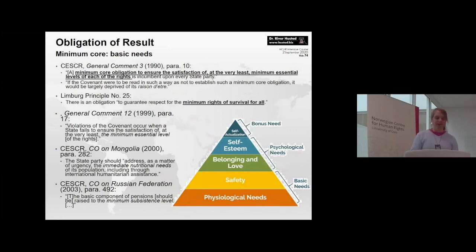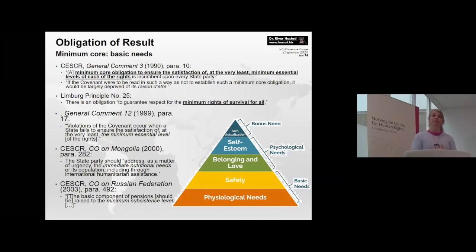Now, having said that, I'll now look at the result. The obligation under the Covenant on Economic, Social, and Cultural Rights is an obligation of conduct, that the states have to have the right conduct. But there is a minimum result, and this is only a minimum result.